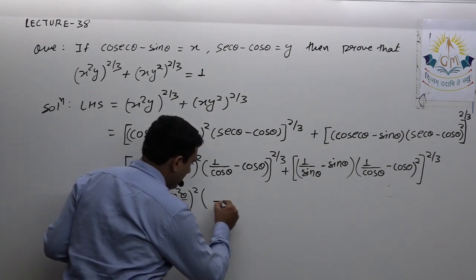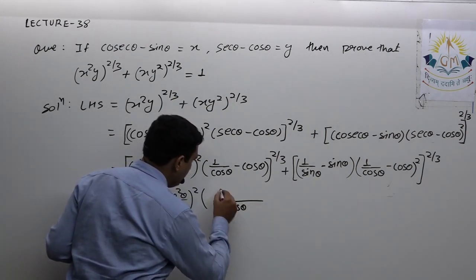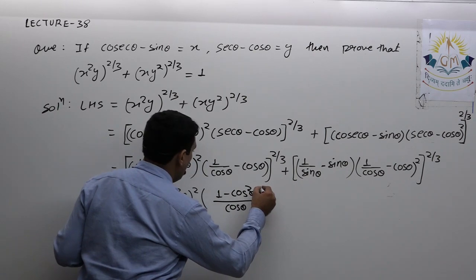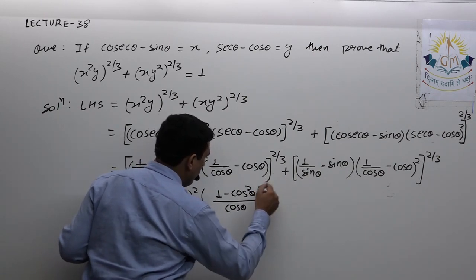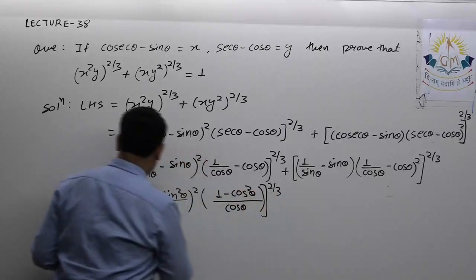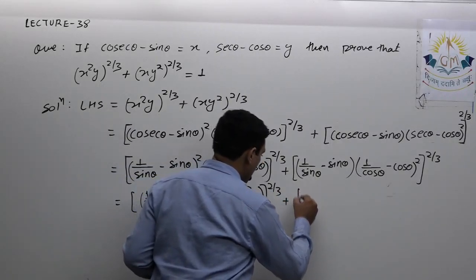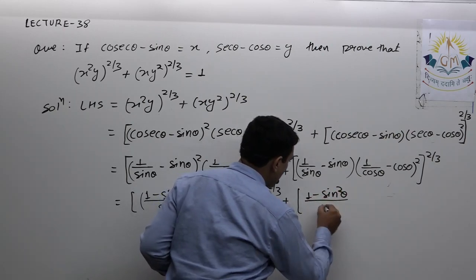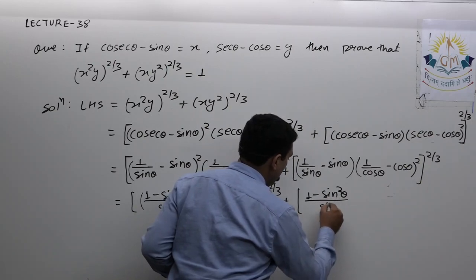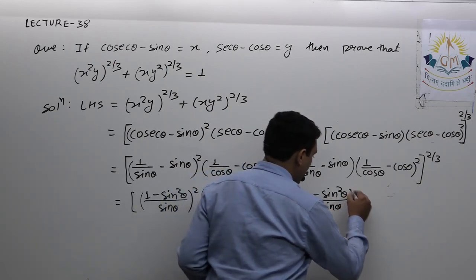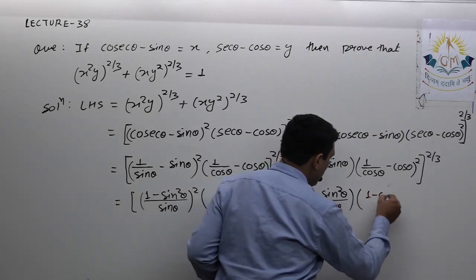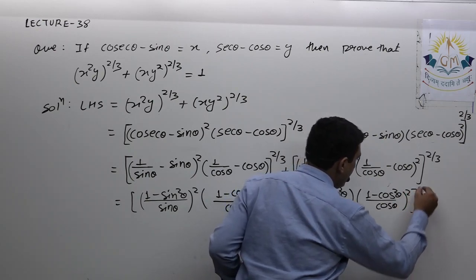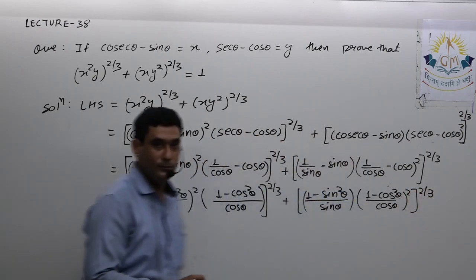Here again if I take the LCM, here I will get cos theta, and in the numerator I will get 1 minus cos square theta, whole raised to 2 by 3, plus here again if I take LCM in the numerator I will get 1 minus sine square theta upon sine theta in the denominator multiplied by 1 minus cos square theta upon cos theta whole square raised to 2 by 3.